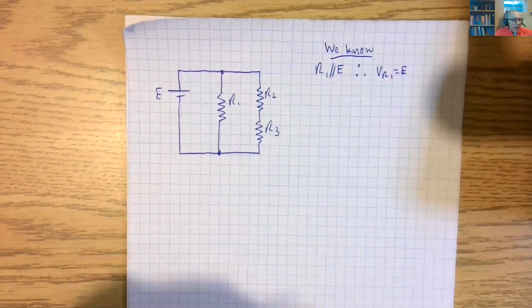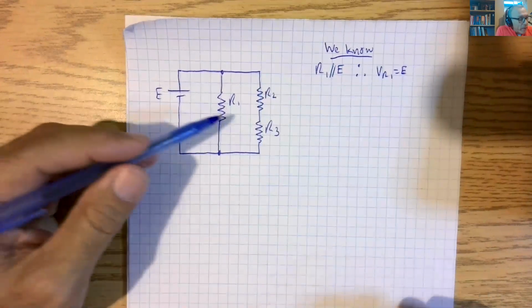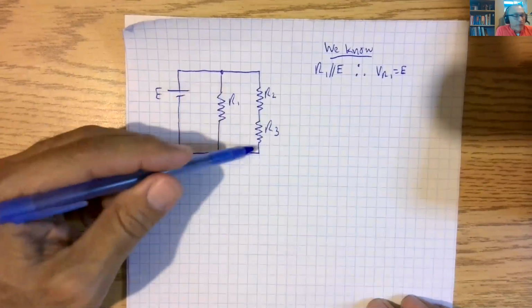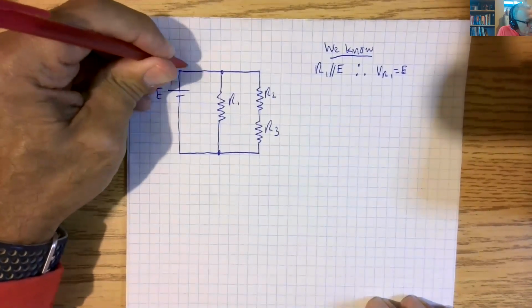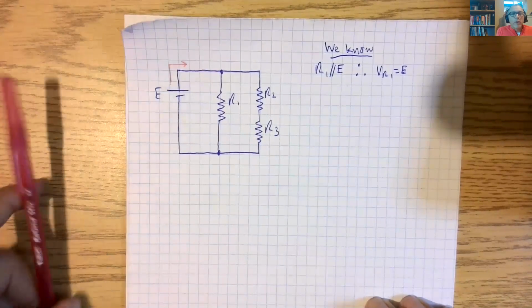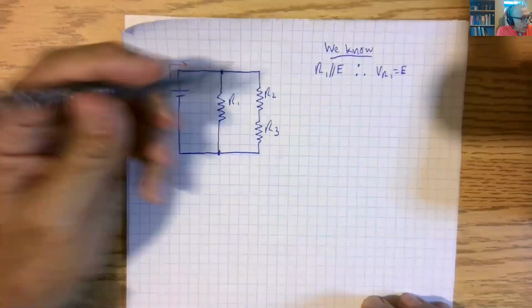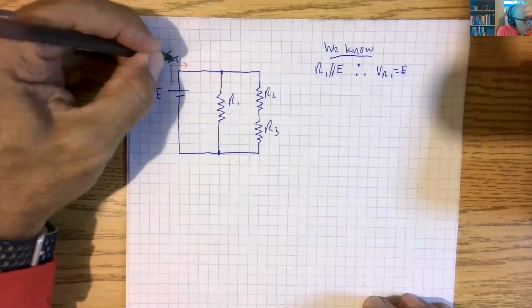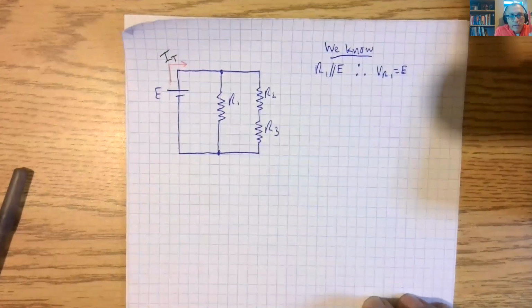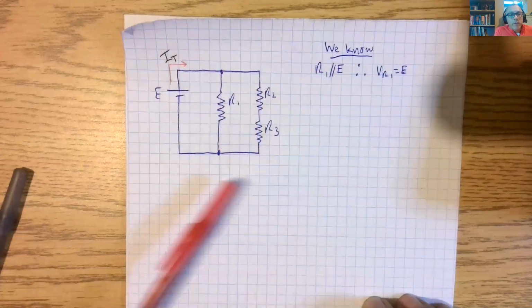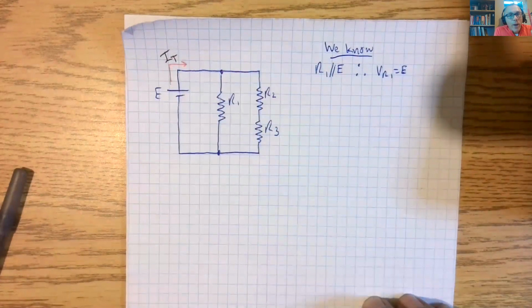We know that R2 is in series with R3, because if we follow our current, this is IT, all right? As I stated in previous lectures, the multicolor presentations are no extra charge.